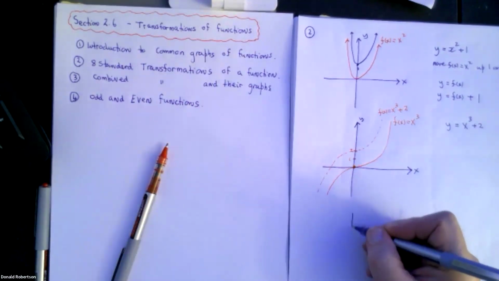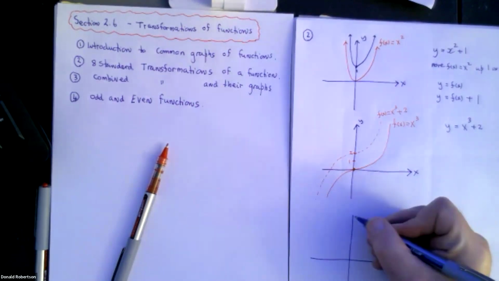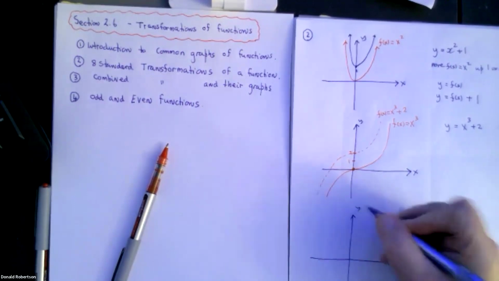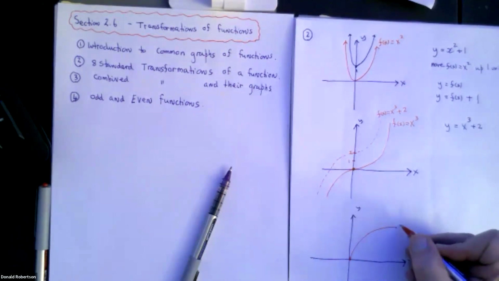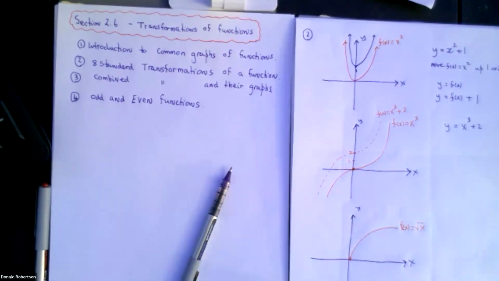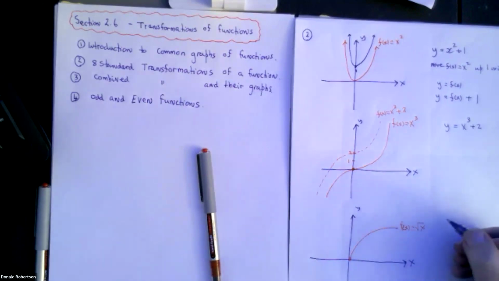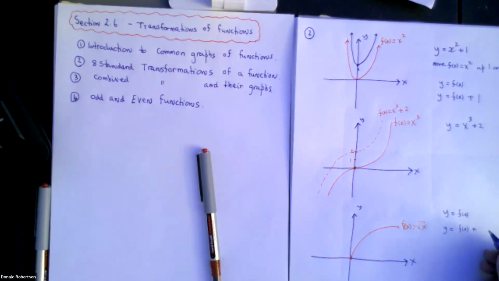Now, one more version of this, move vertically upwards. Suppose we took our function, in this case hopefully recognize it as the square root of x, and I did this to it. So we have y equals f of x, and then I said y equals f of x plus 4.